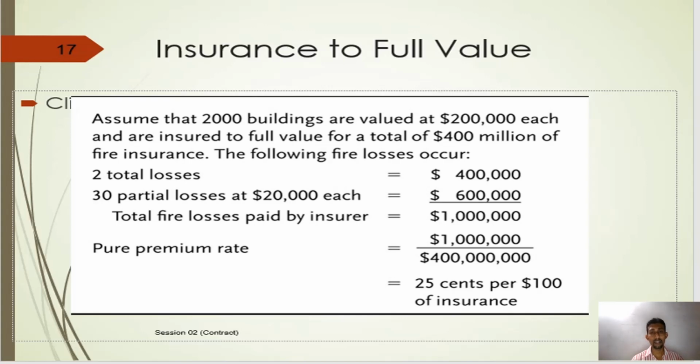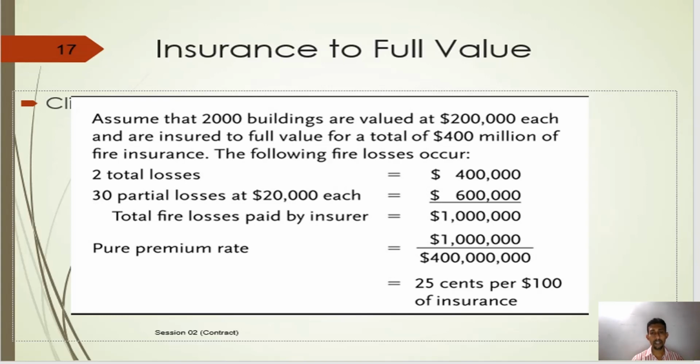If you take this example, here I've given a situation where we assume there are 2000 buildings, and each building is valued at 200,000, so the total value of all the insured assets is going to be $400 million. This is about fire insurance.